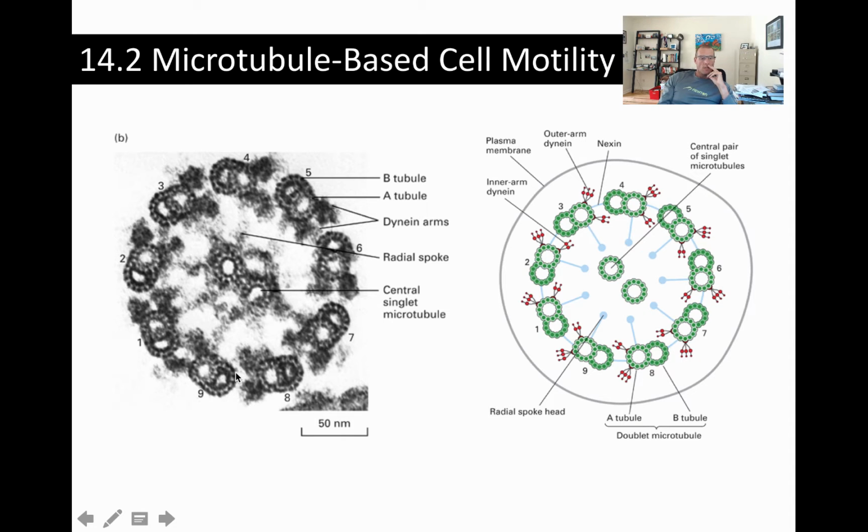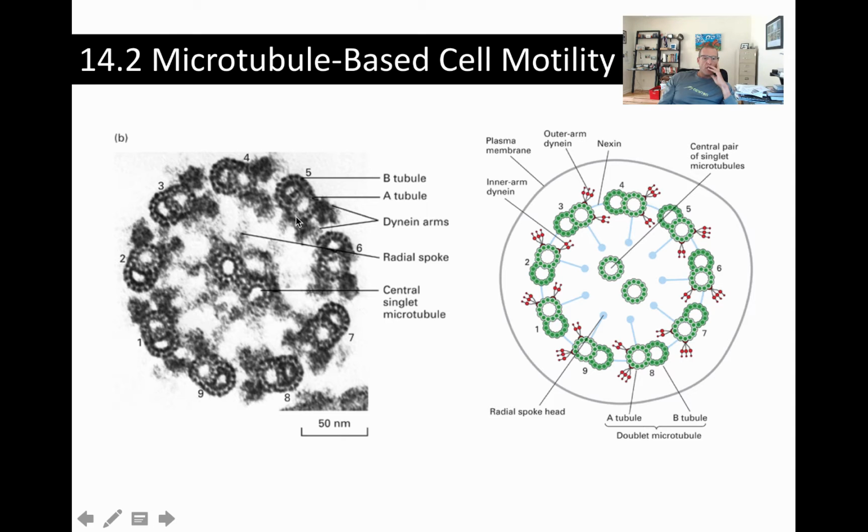We can see here using transmission electron microscopy, a transverse cross-section through a flagella. And then here are the central microtubules. The pair in the center are singlets, whereas those around the outside are doublets. And you can see again here our A tubule and our B microtubule.